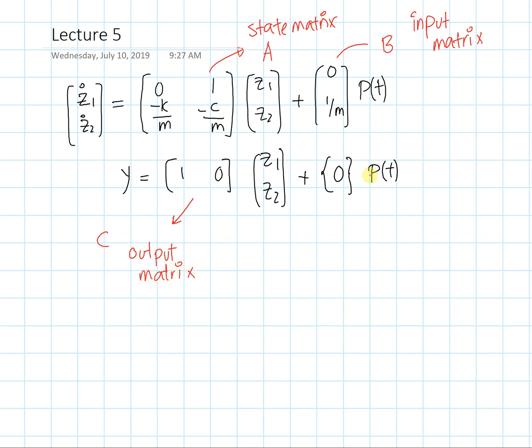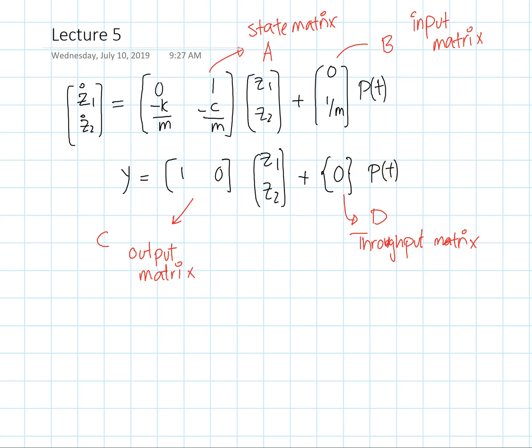And lastly, the 0 is what we call the D matrix or the throughput matrix. Throughput matrix literally implies that whatever the force is, it has a direct impact on the output. So it goes right through.